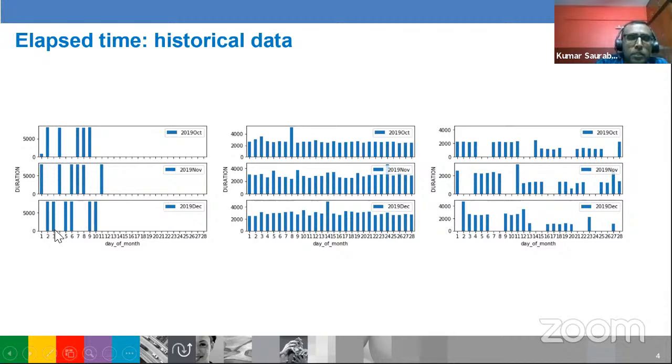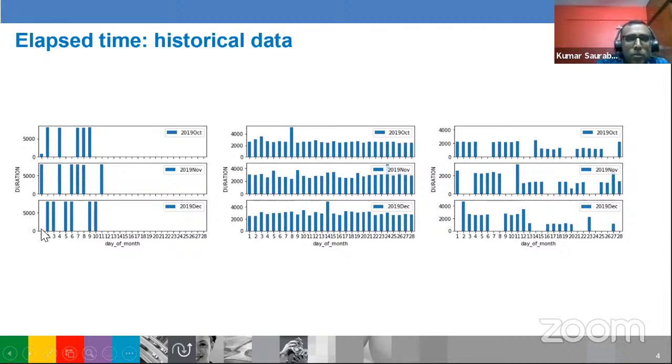You also see that there are several days where the same program, mostly in the later part of the month, finishes within 1 or 2 seconds. You're not able to see the plot here because the scale of the data is really huge. You can't see any dot if it's finishing within 1 or 2 seconds, but we verified it manually.